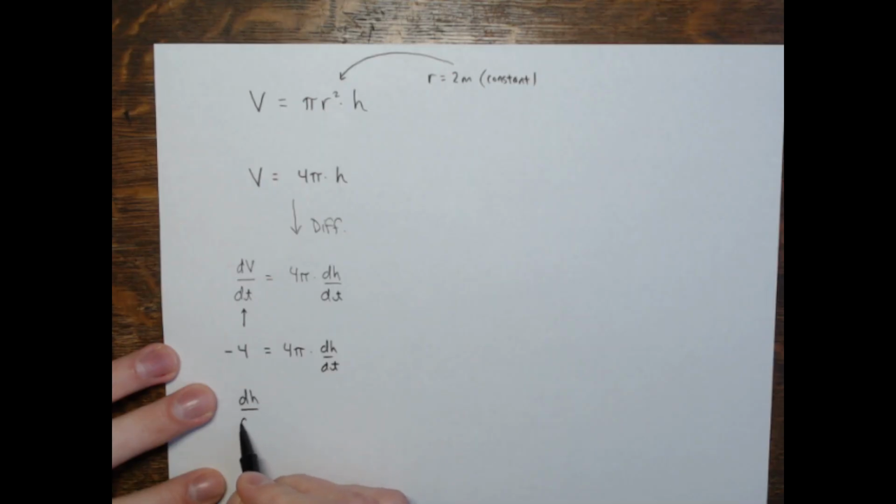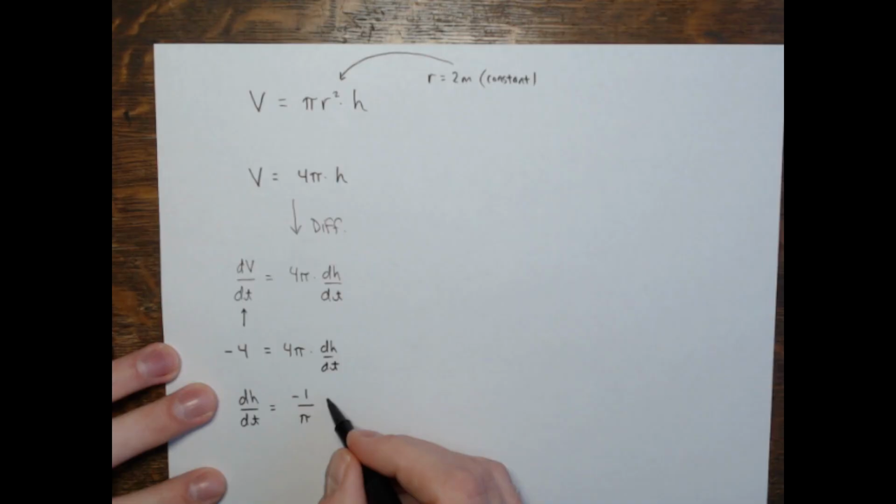equals 4 pi times dH/dt, and then solving for dH/dt, right? So then dH/dt, the rate at which the height is changing, would be negative 1 over pi. Divided by 4 pi, the 4's would cancel. And they gave me the volume units in cubic meters, so the height units would be in just meters, and the time units in seconds.